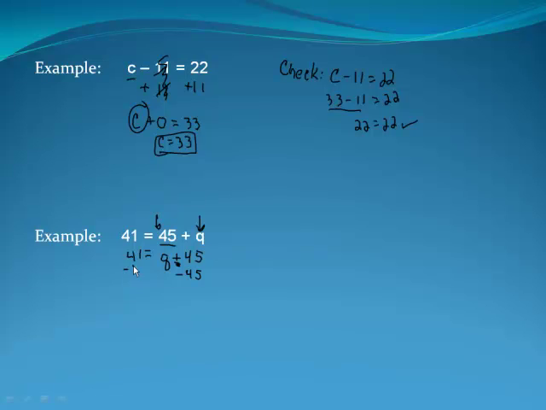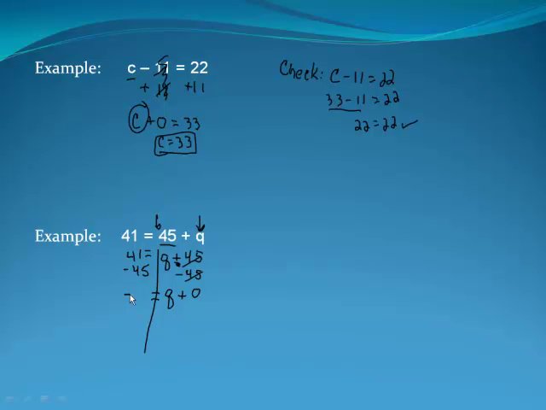We've got addition of 45. The opposite of addition is subtraction. So we're going to subtract 45 from both sides. That gives us, on the right-hand side, 45 minus 45, which is 0. So you can either write the right-hand side as q plus 0, or if you want to do a shorthand notation, positive 45 and negative 45, 45 minus 45 is 0, and those cancel themselves out.